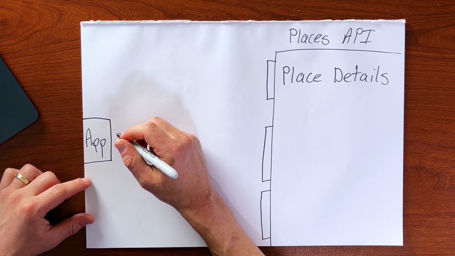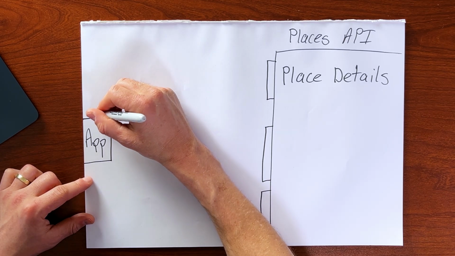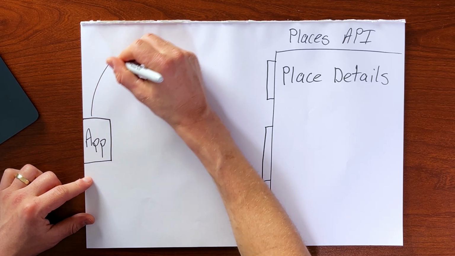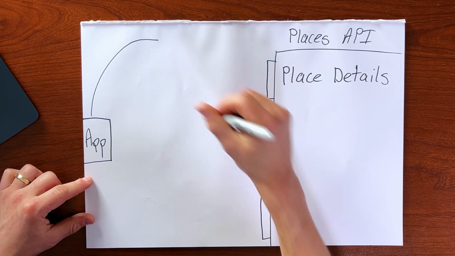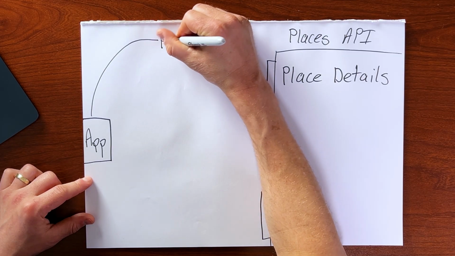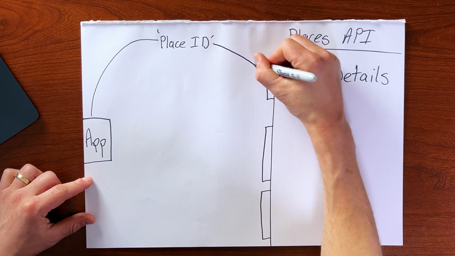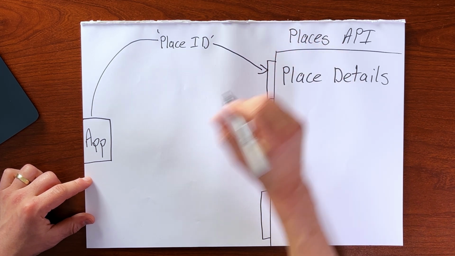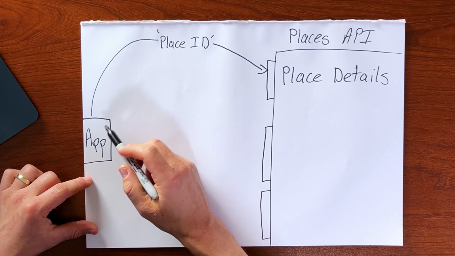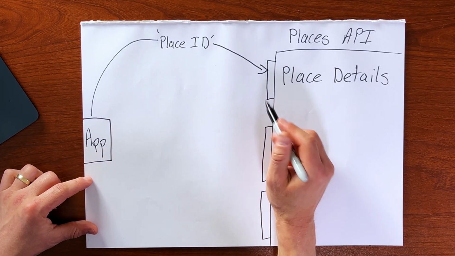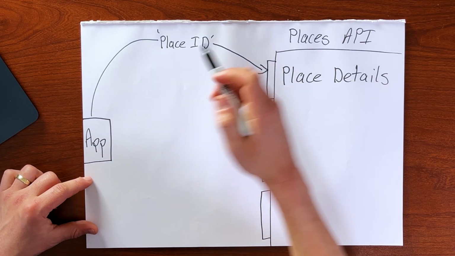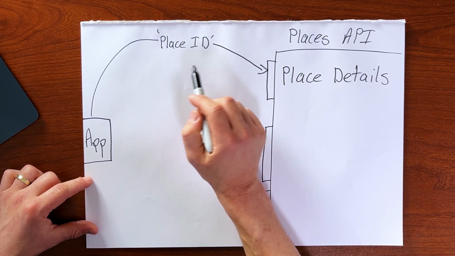But for our purposes, that means we've got here our app, and we can make a request to access this place details service by providing a place ID. So this is the equivalent of asking to make a withdrawal. We provide an amount that we want to withdraw. So in the same way here, we're making a request to get some information about a place, and we're providing with that request a place ID.